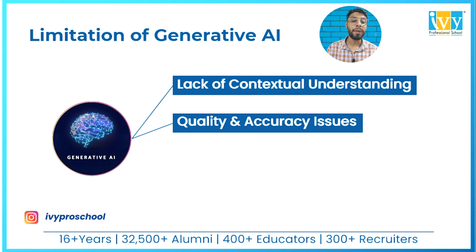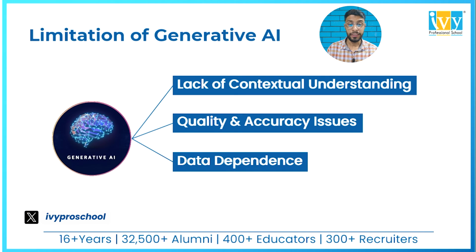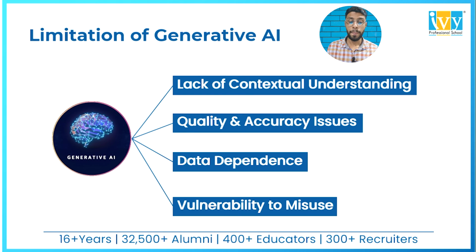AI can inherit biases from training data, leading to biased outcomes and ethical issues like misinformation. Data dependency. The quality of generative AI content heavily depends on the quality and diversity of the training data. If your data is poorly trained, it will lead to inaccurate or limited output.